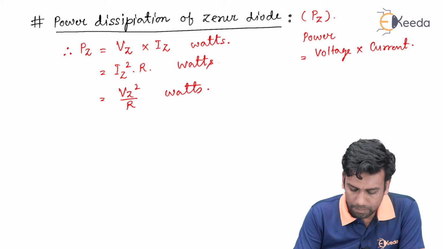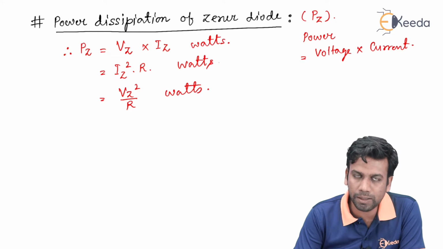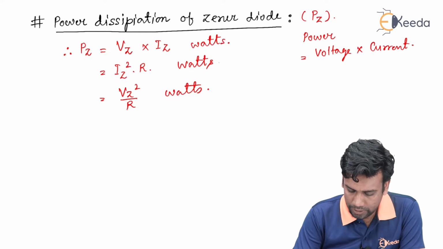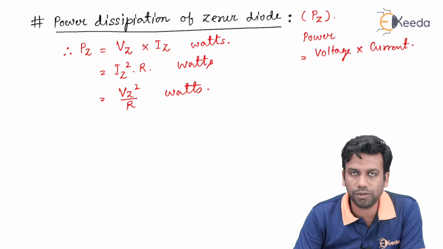So, this is the power dissipation factor of a Zener diode. We can see that it is nothing but the multiplication of the Zener voltage and the Zener current. Now, let us see what the equivalent circuit of a Zener diode in circuit operation will be.